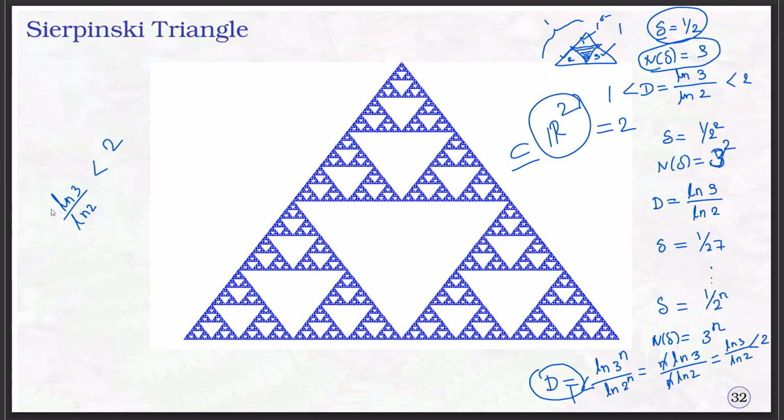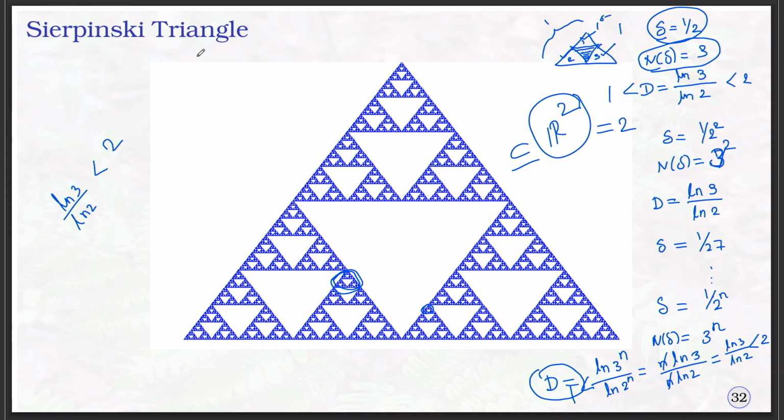One can conclude that the Sierpinski triangle is also a fractal, since it possesses the self-similar property and it has a non-integer fractal dimension. Also, if you take any smaller part, you will get fine structure, and you will never find a smoother part. So, this is also one of the classic examples of fractals.